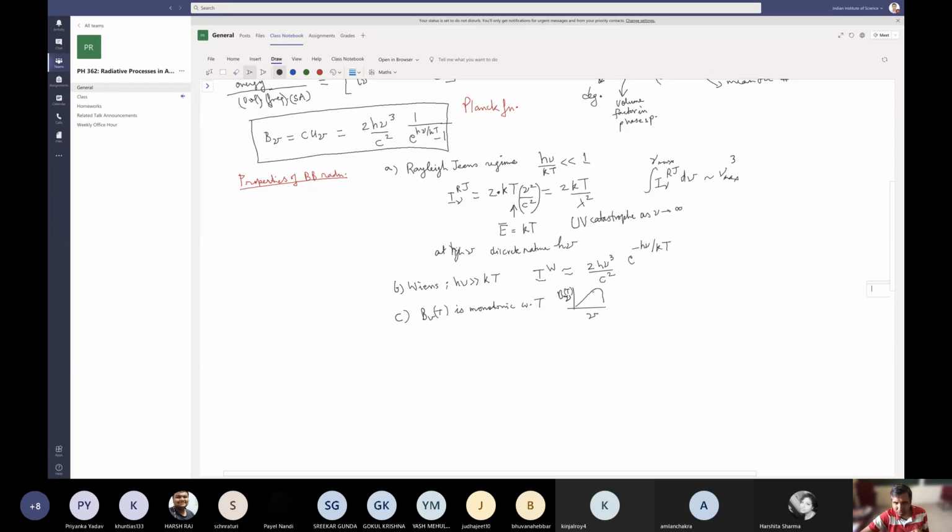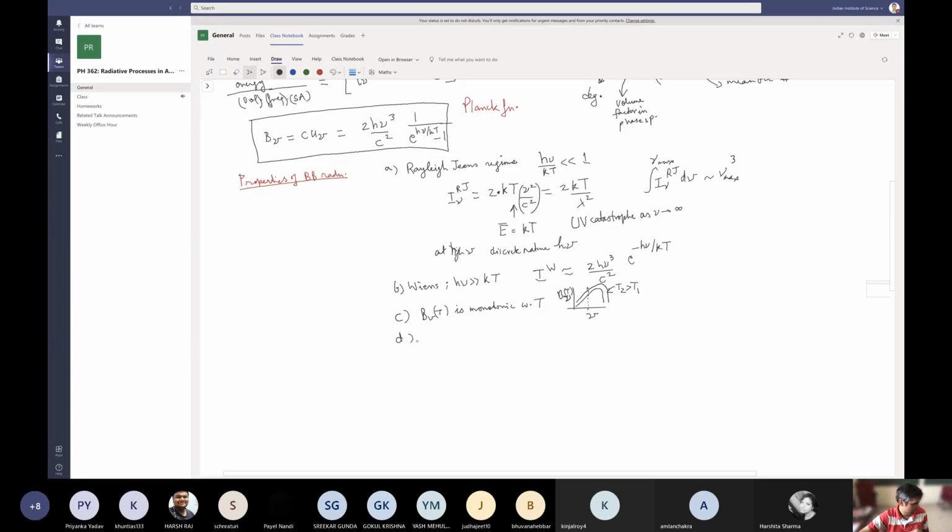If I plot B_nu for some other temperature, it will always be above. So this is a higher temperature, T2 greater than T1. So basically B_nu at any frequency will be higher for higher temperature. You can actually show this.